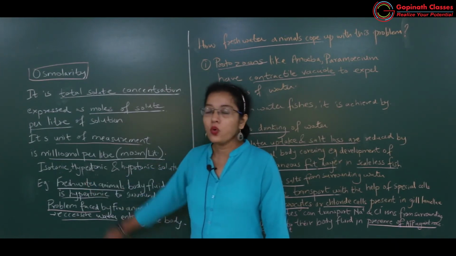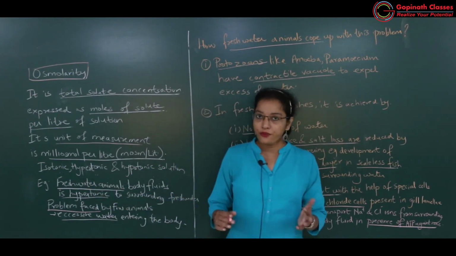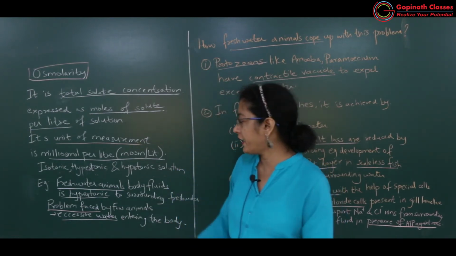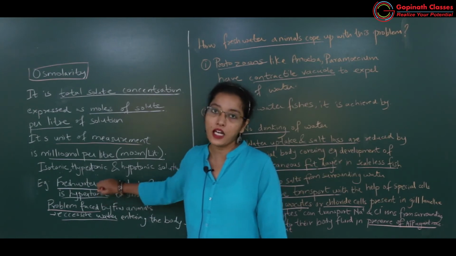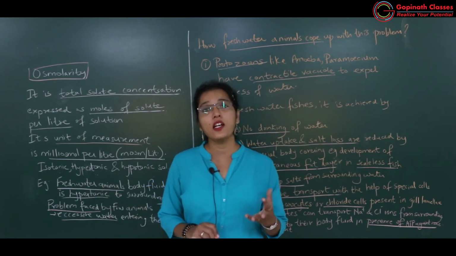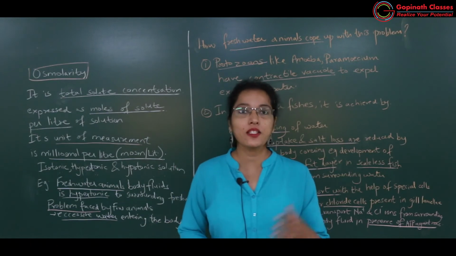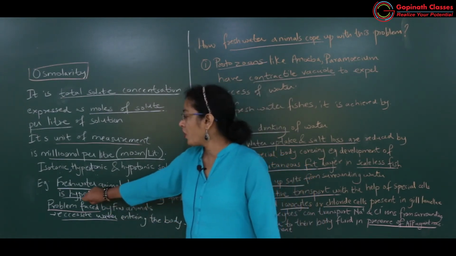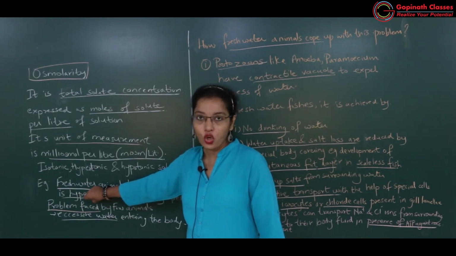Okay, now let's study freshwater animals. The osmolarity of the body fluid in freshwater animals is higher. Higher osmolarity means the solute concentration is more in the solution. Okay, so that much amount of milliosmol per liter is there in the solution.